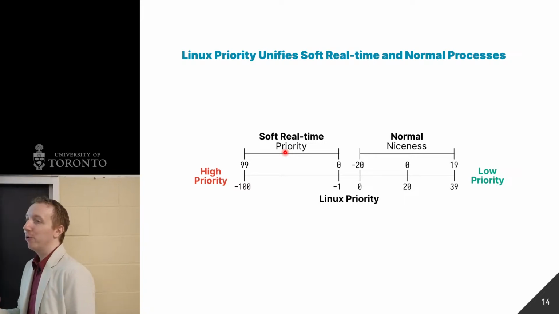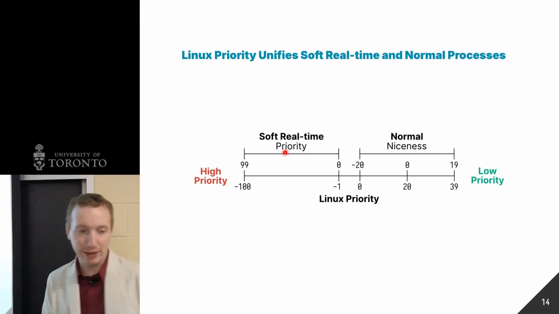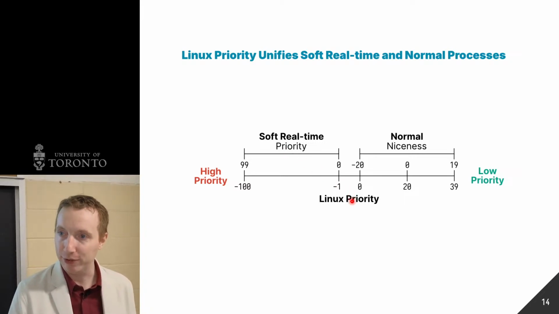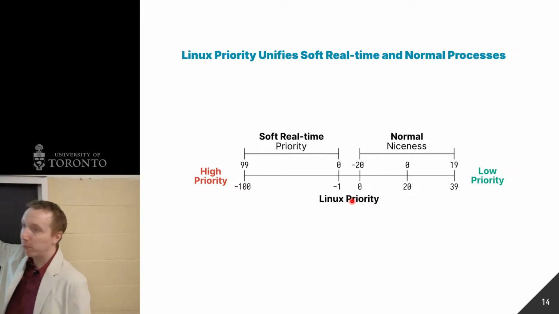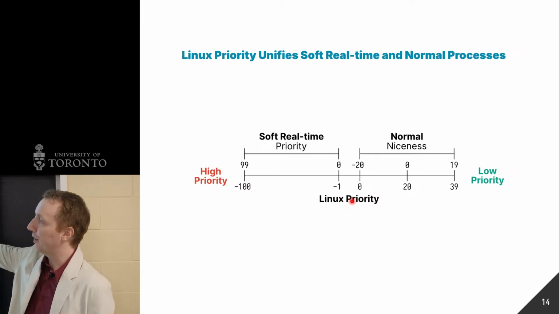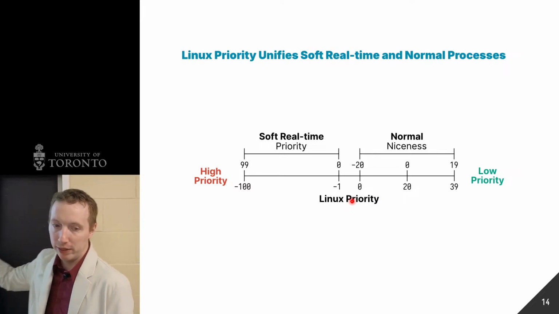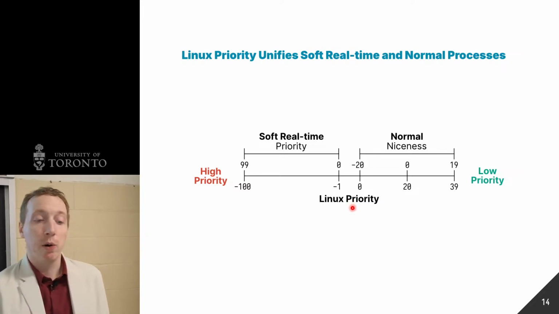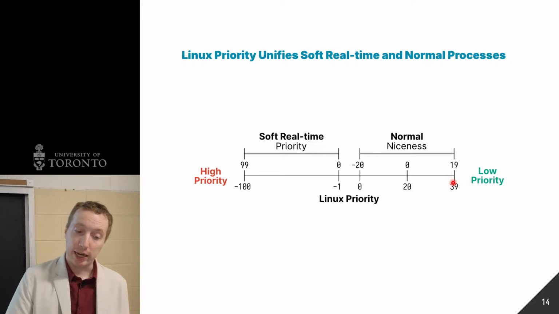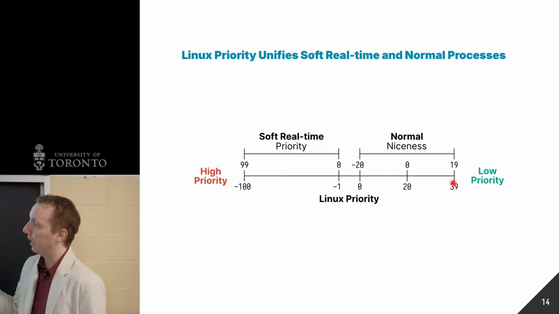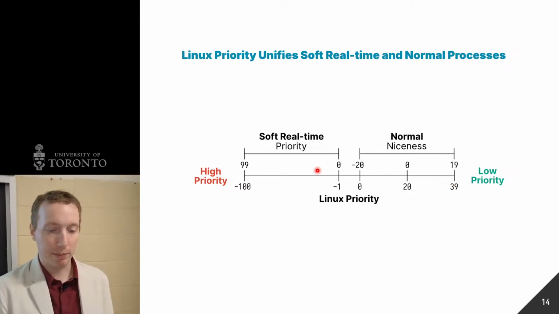In order to standardize these things, Linux has their own priority. So they map both the normal processes and the soft real-time processes on the same number line, where a higher number means lower priority and a lower number means higher priority.